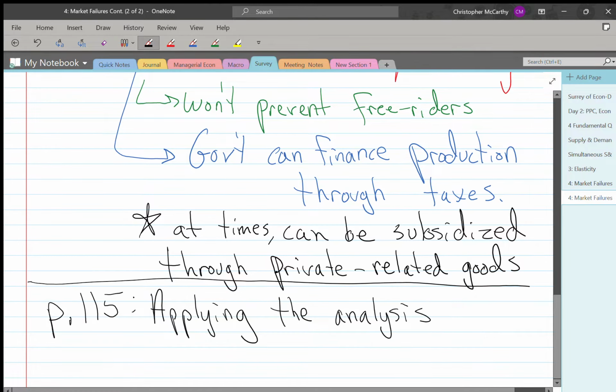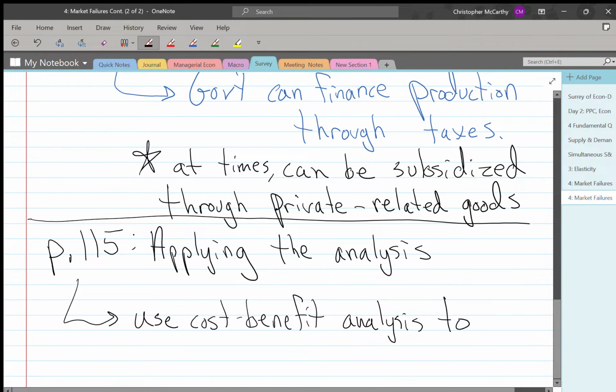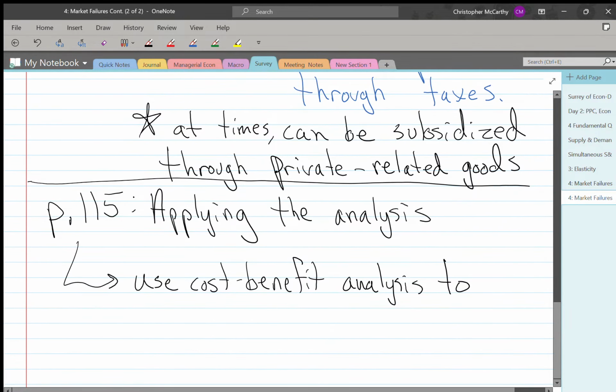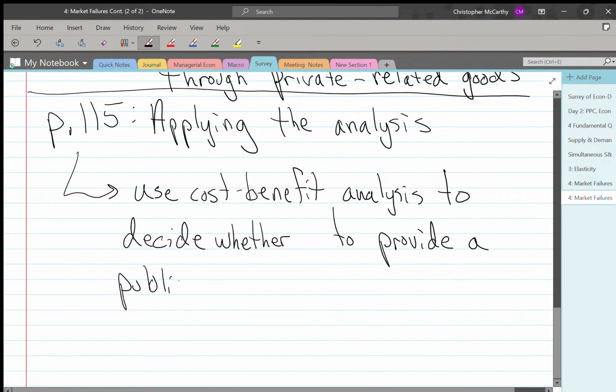So we're going to use cost-benefit analysis to decide whether to provide a public good and how much to provide.